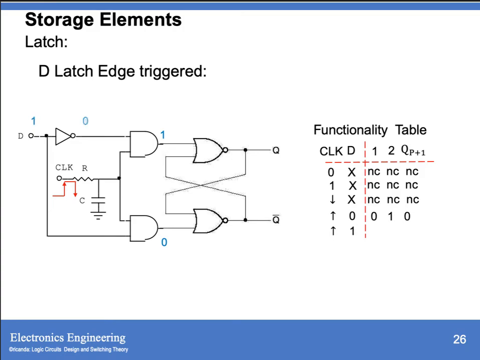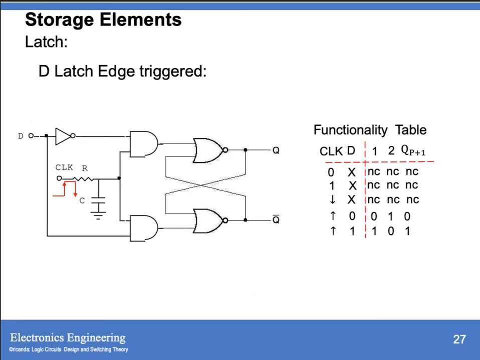Going up, and your input is 1, this will make your second AND gate generate an output of 1. Since it is equal to 1, the second NOR gate will generate an output of 0. If this is 0, NOR with 0, then your first NOR will generate a 1.